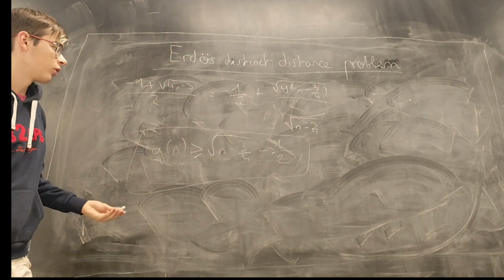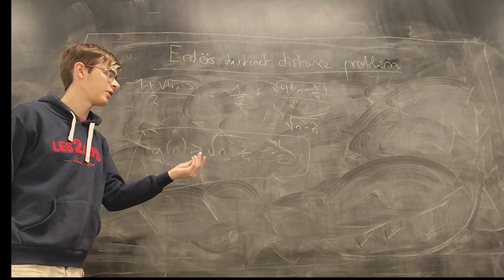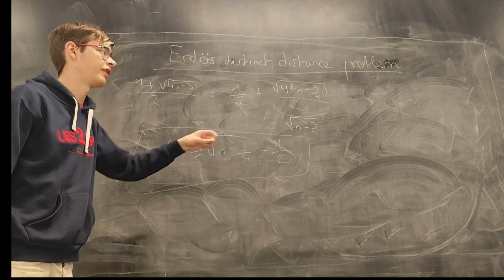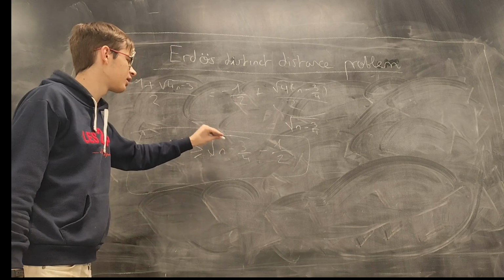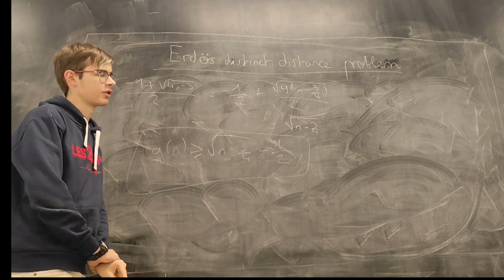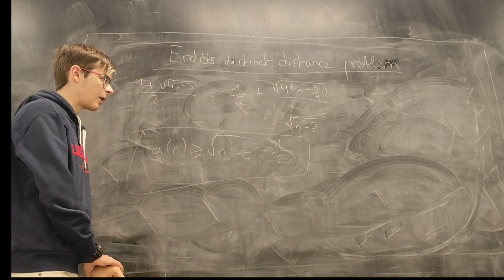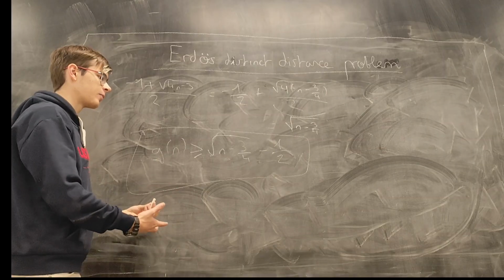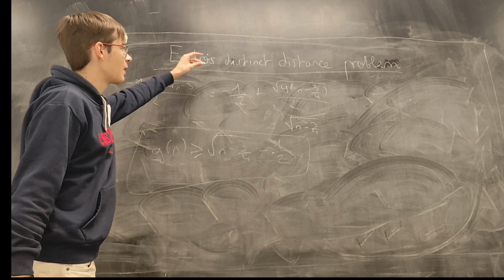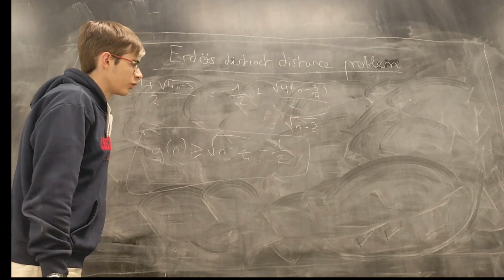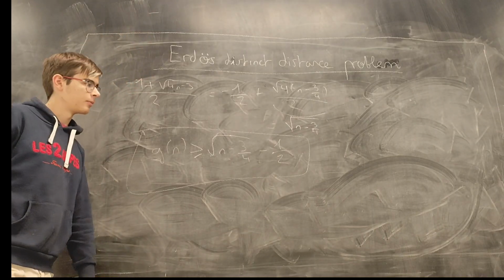Of course, we've obtained a statement that's stronger than just g of n goes to infinity. Here we've shown that g of n grows at least like a square root, basically. And this is the first lower bound on the problem that was proved by Erdős when he presented the problem.